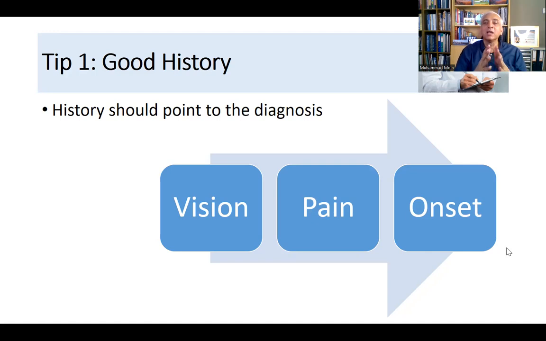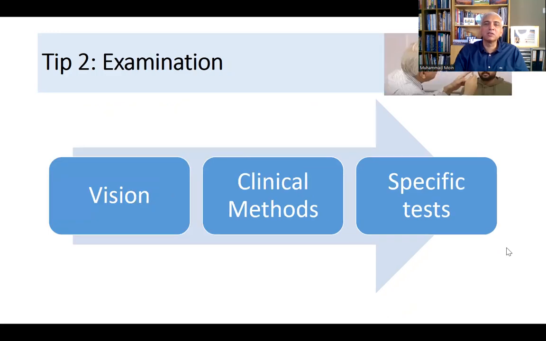So that tells you he's got a PVD. The other thing you need to ask is whether he has any curtain in front of his eye, which would differentiate this from a retinal detachment. So in the history, you are basically telling the examiner what you have understood from the patient's history so that you can come to a logical diagnosis.